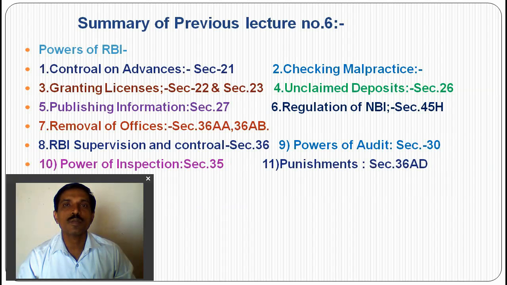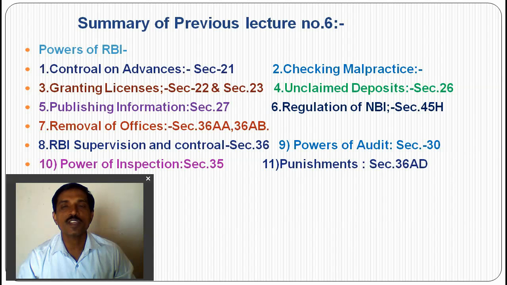RBI publishes various information under section 27, the monetary policy information, CRR, and NPA rate of the banking companies. Regulation of non-banking institutions is under section 45H mentioned in the Bank Regulation Act, and it gives more power to the Reserve Bank of India. The appointment and removal of any officer in a banking company is under sections 36A and 36AB, and the supervision and control of the banking company is under section 36.